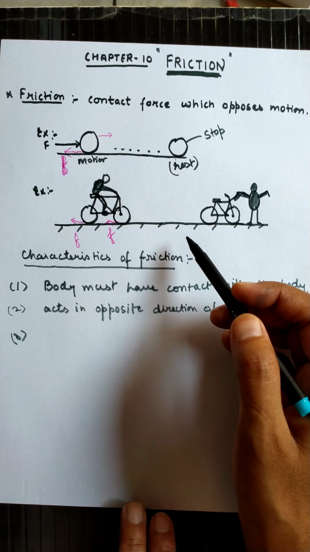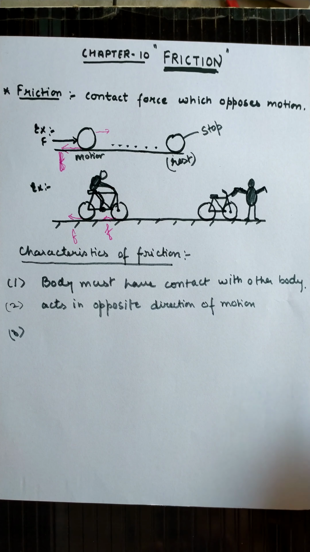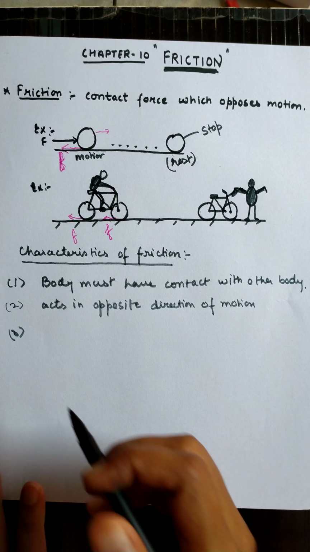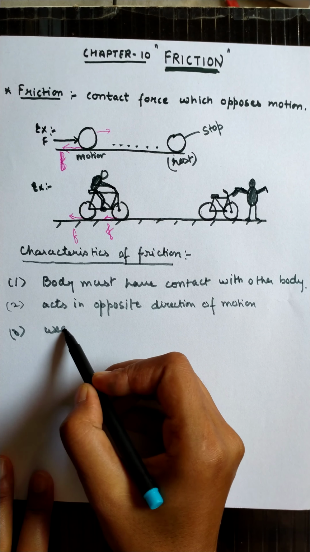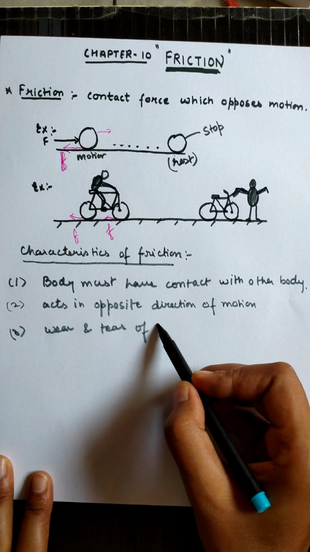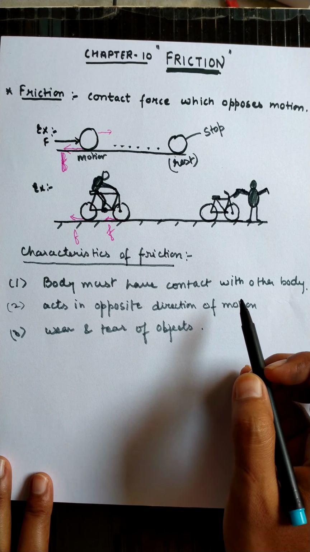Also the machine parts which are continuously rubbing each other get damaged. This is due to friction. So these are some characteristics, like it causes wear and tear of objects at the surface of contact.